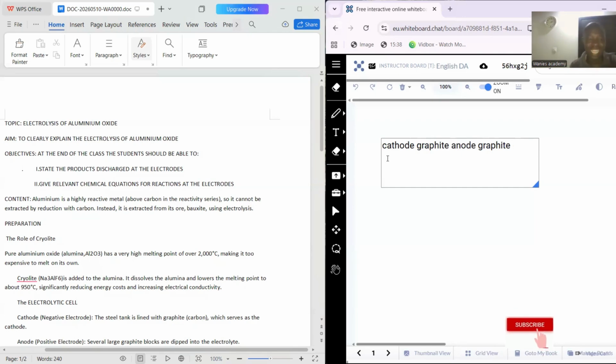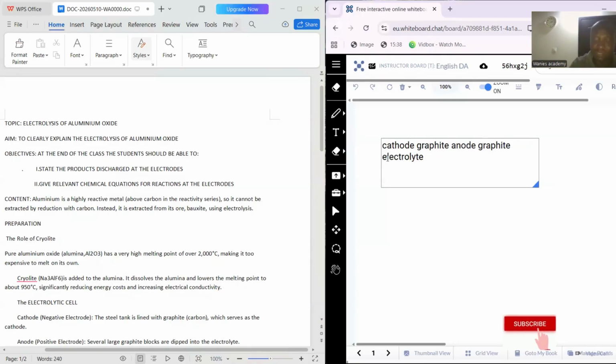Then thirdly, the electrolyte that we use in this electrolysis is basically a molten mixture of aluminium oxide and cryolite.